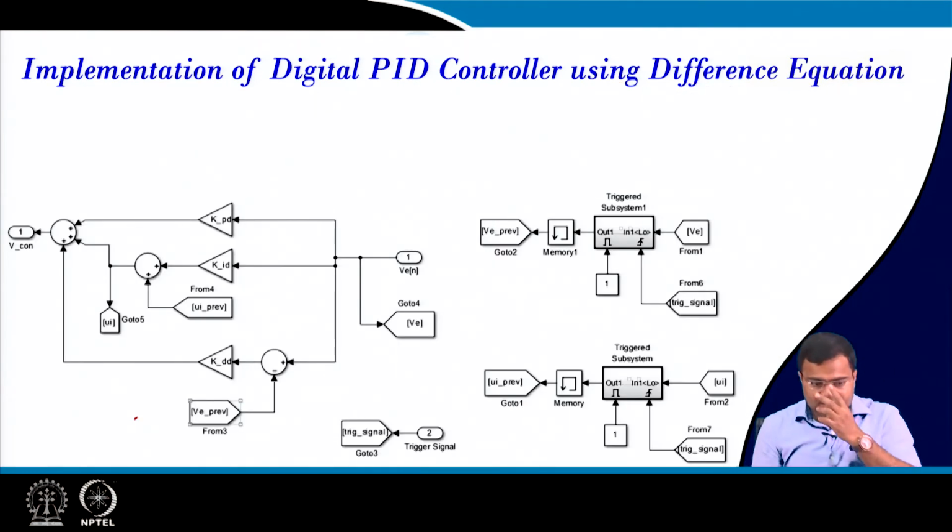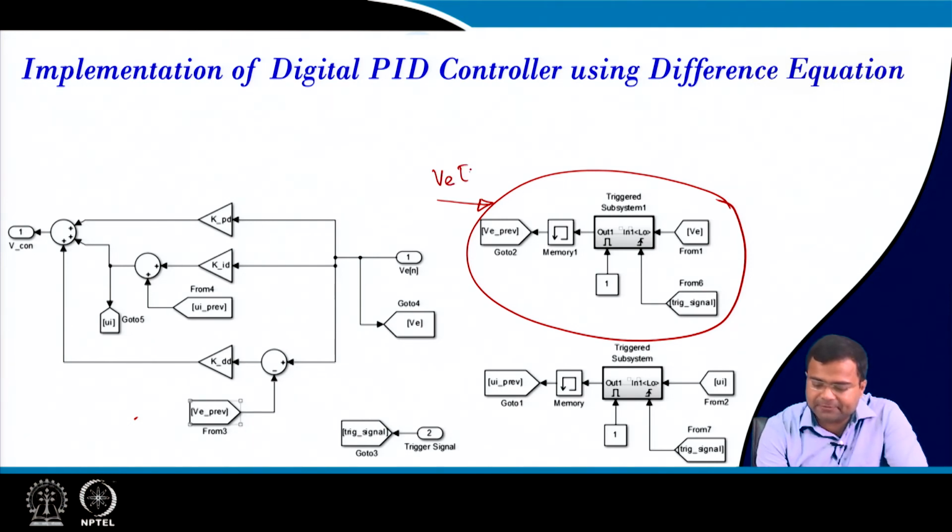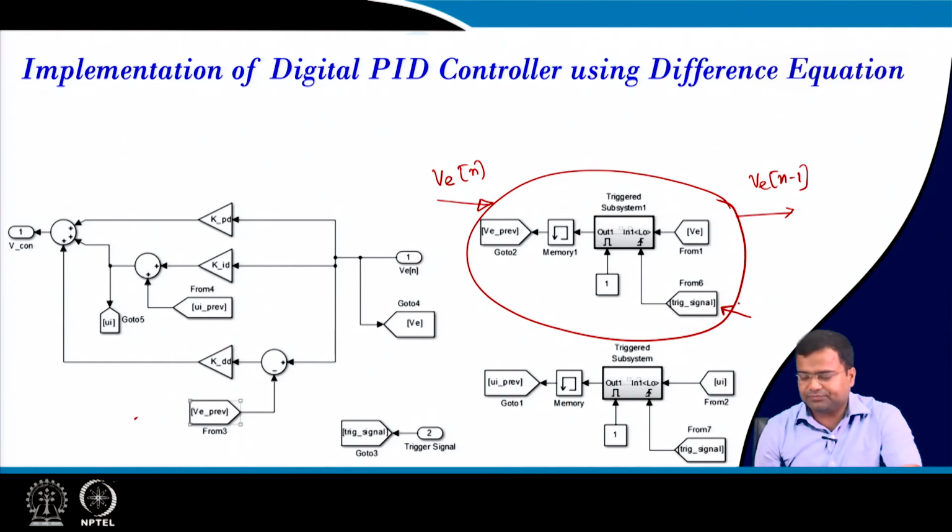Now, again I am showing the blocks we have discussed. What is the task of this block? The input to this block is V error n, and the output of this block is V error n minus 1, and it is driven by this external clock.